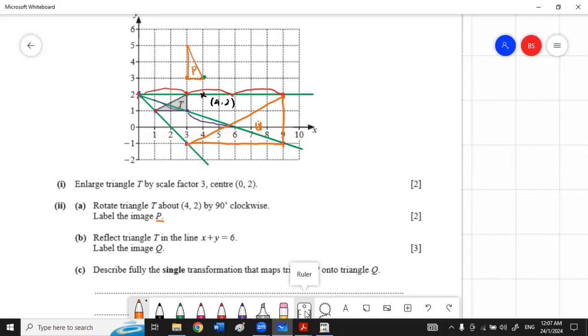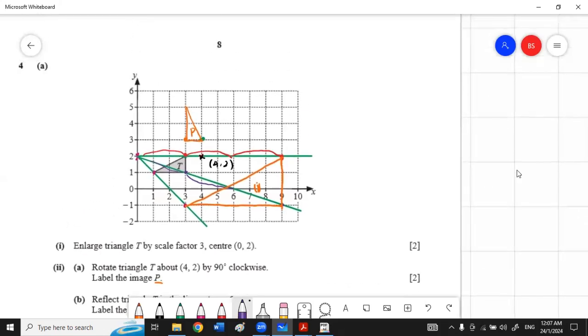Reflect the triangle T in the line x plus y equal to 6. So x plus y equal to 6.